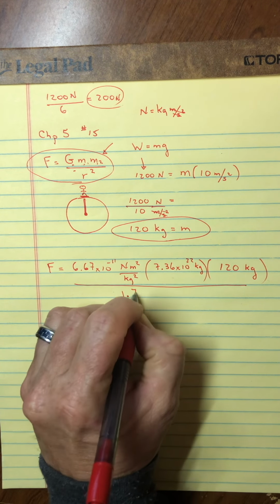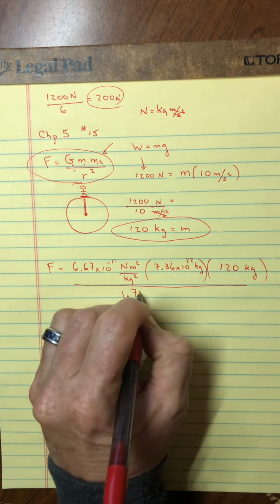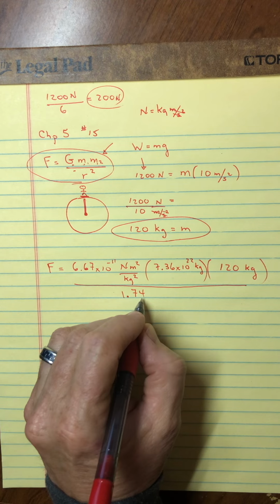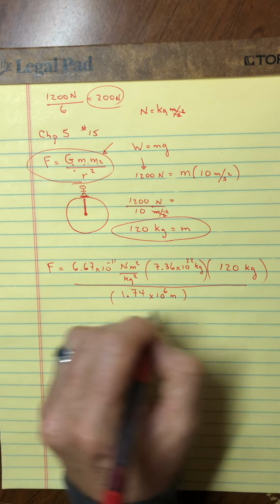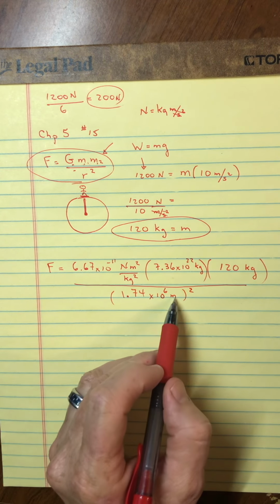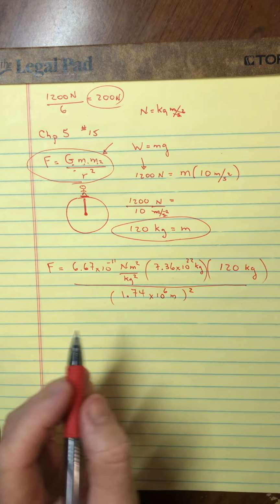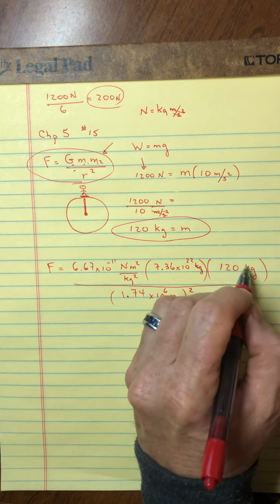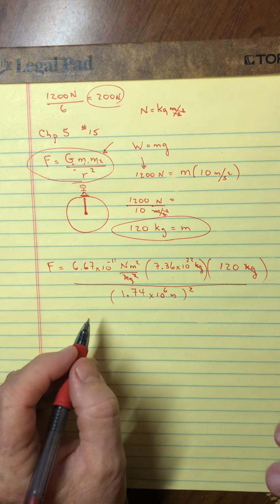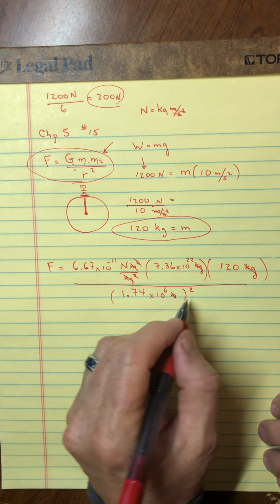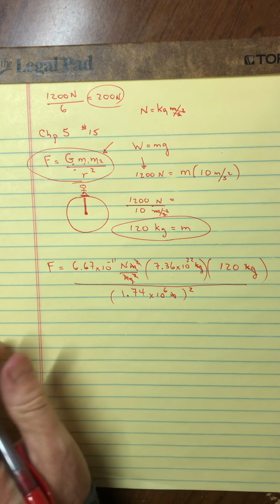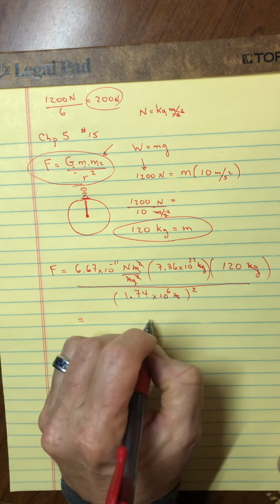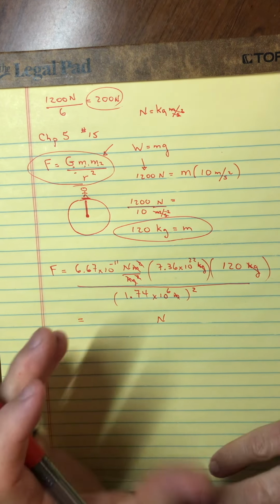The same chart lists not only the mass but the radius, 1.74 times 10 to the 6th meters. Let me point out again, you have to make sure your distance is in meters. So kilograms cancel with kilograms, and meters squared cancels with meters squared. So we're left with units of newtons. Good, because that's what we want.